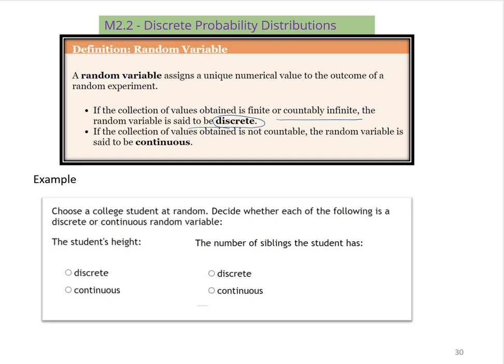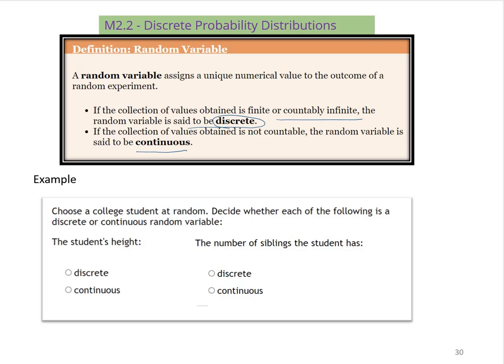Because we have specific numerical values for each random variable, that's why it is called discrete. And if the collection of values are some continuous values, it is called continuous. It means in between some range or like that, then it is called continuous. So here, for example, discrete and continuous, we heard that from the first module.